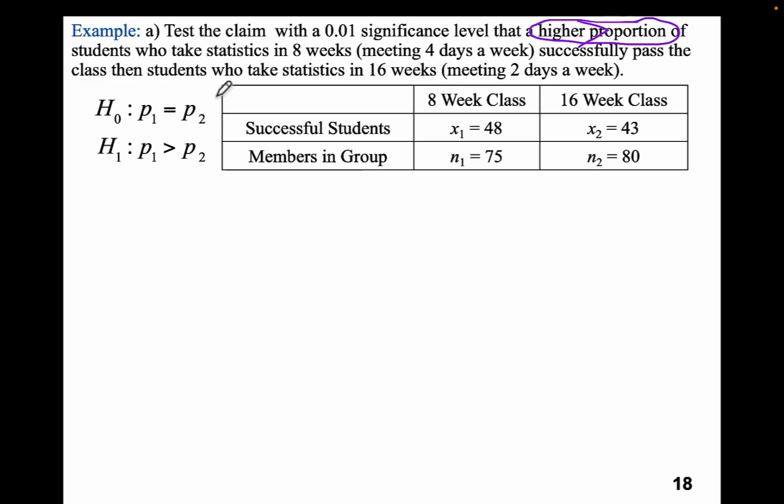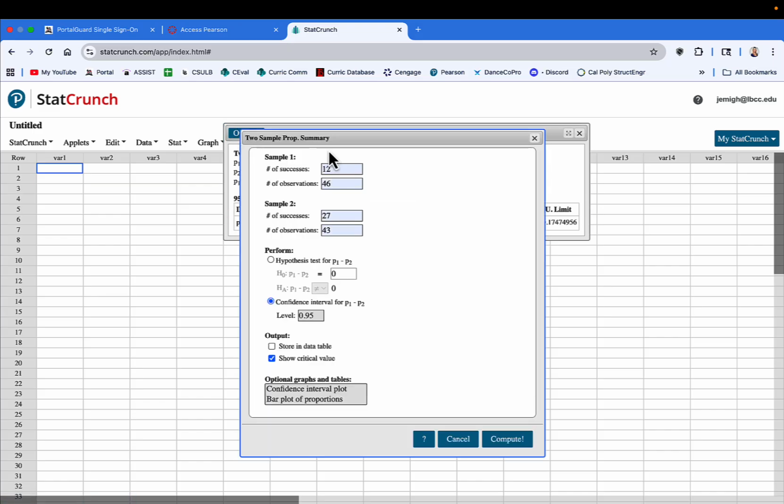All right, let's run this summary through StatCrunch. Just going to edit. We had 48 passed the class out of 75 taking the 8-week class, and 43 passed. We had 80 of them taking that.